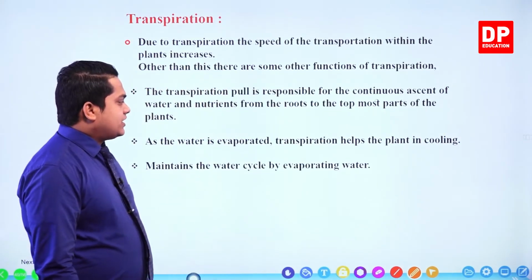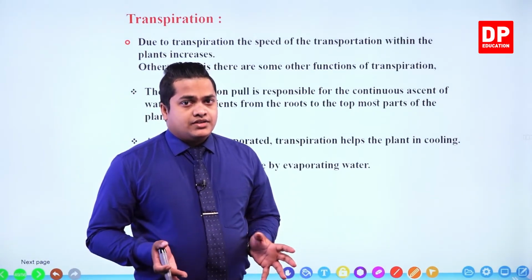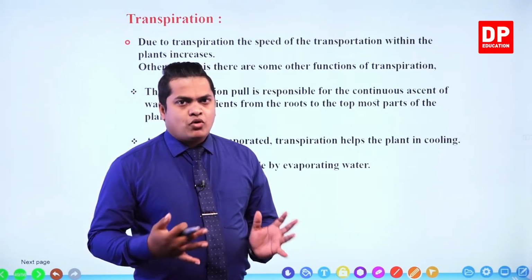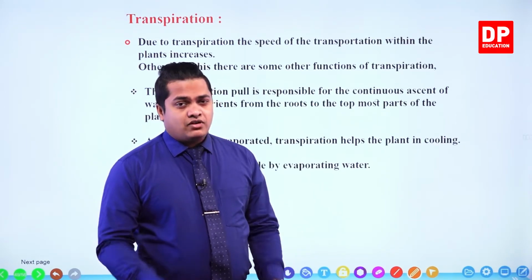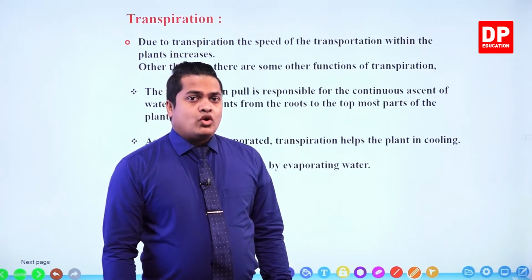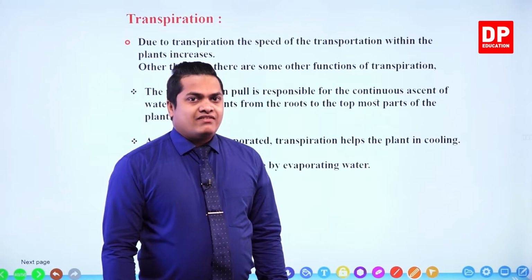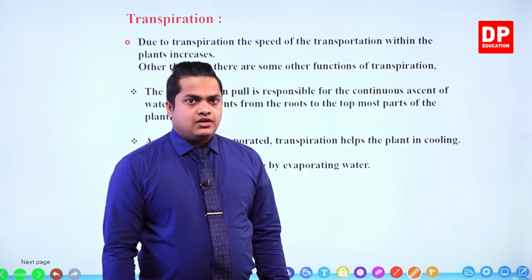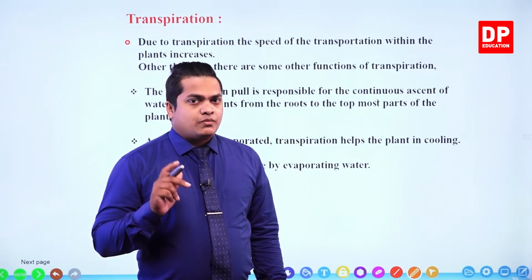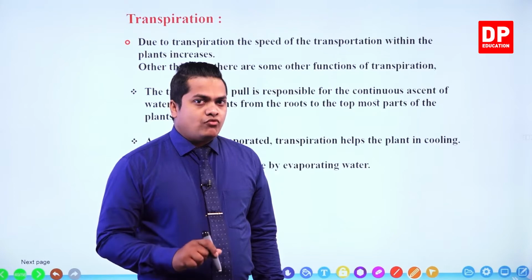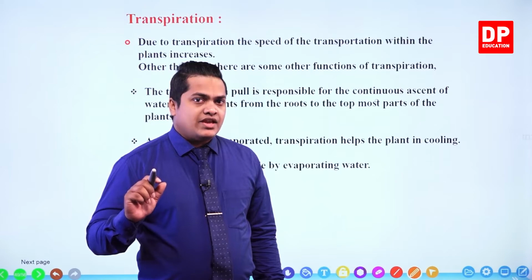It maintains the water cycle by evaporating water. Actually, this is not that important for the plant, but it is a very important factor for the survival of the biosphere. In our biosphere, meaning the earth, water is circulated. The plant root absorbs water, then through transpiration that water is expelled to the environment.